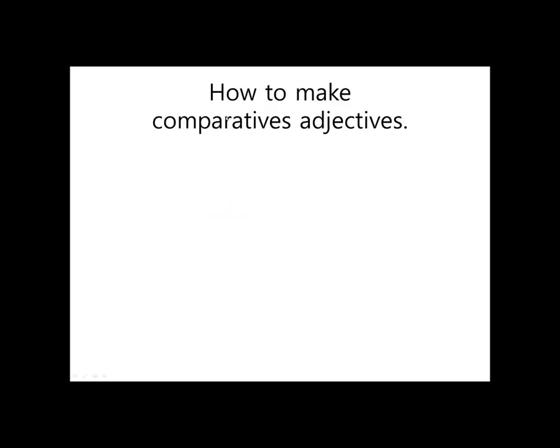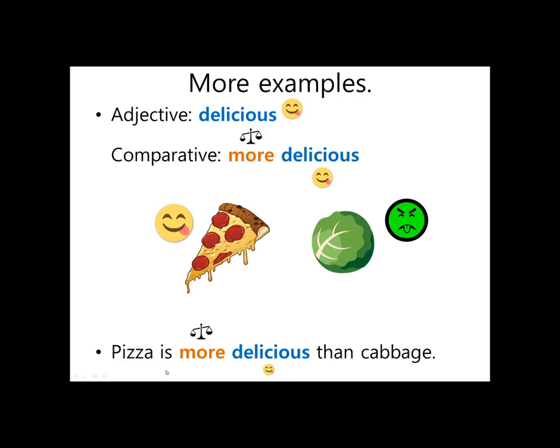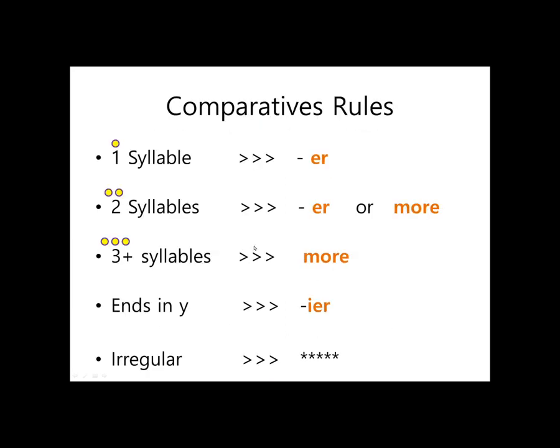Okay, so how to make comparative adjectives? To make these sentences, we need to learn how to change the adjective to a comparative adjective here. So we can make our comparing sentences. Okay, so there are a number of rules.